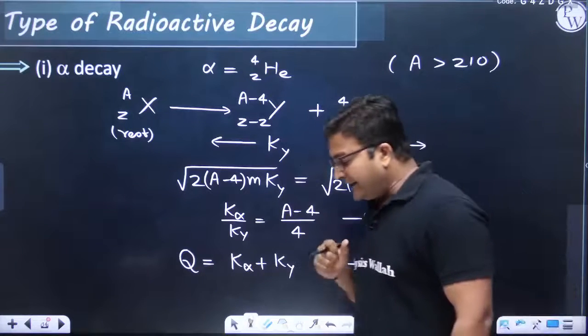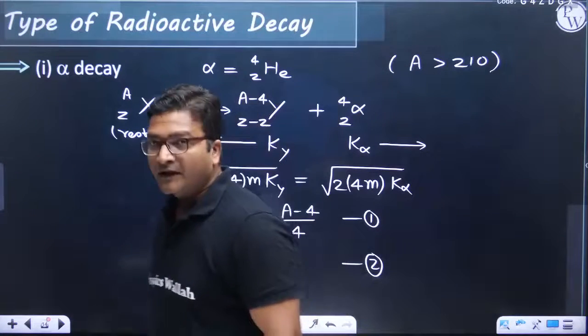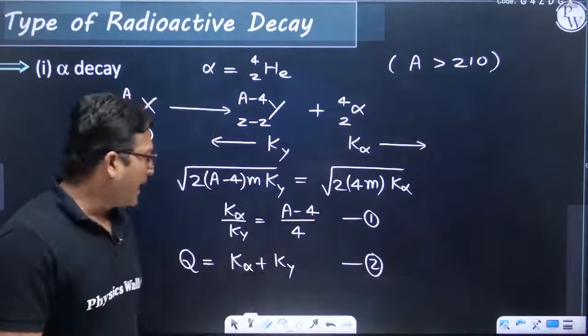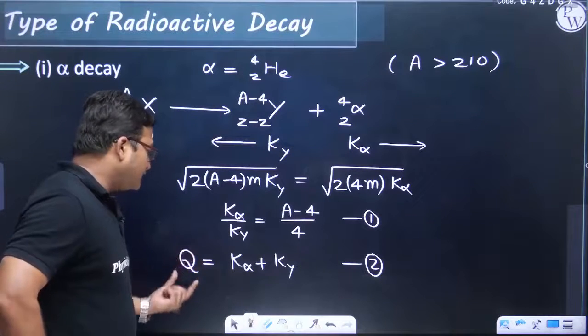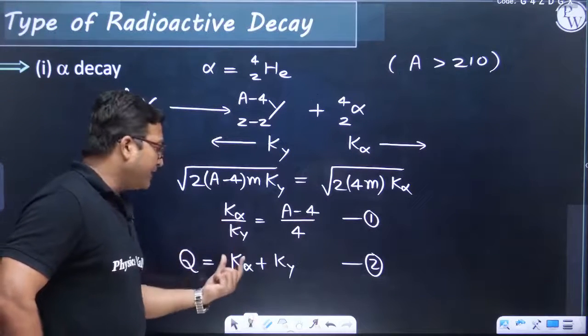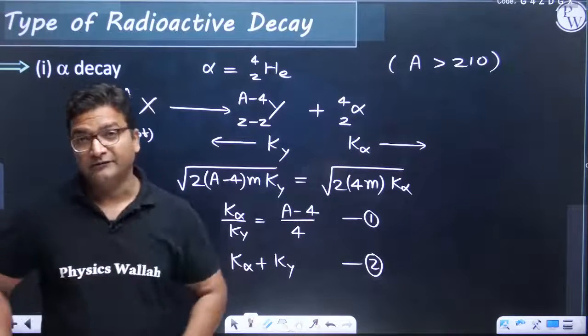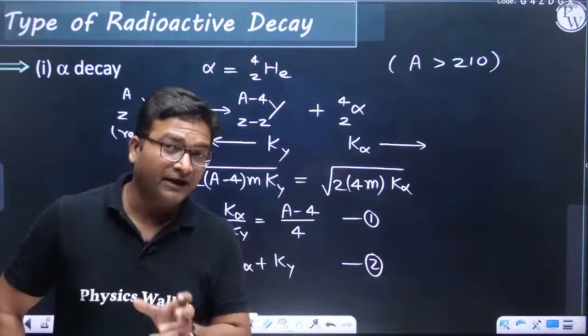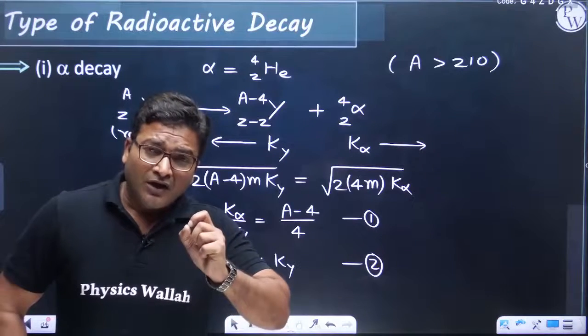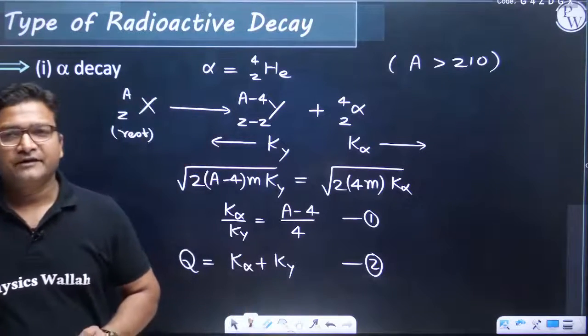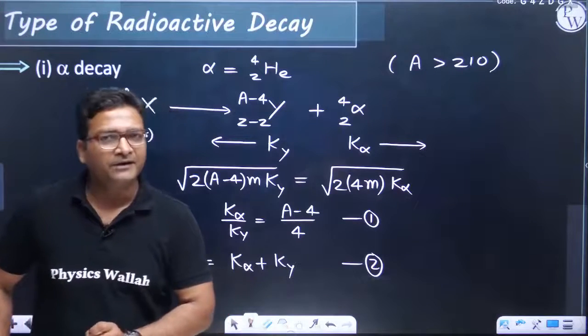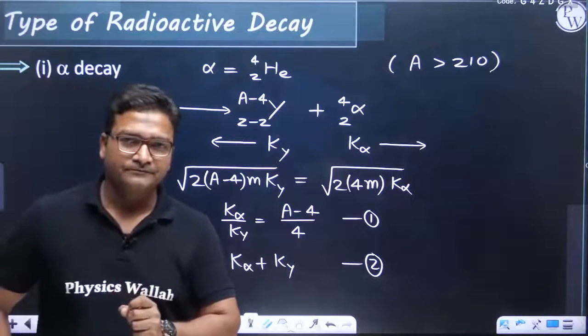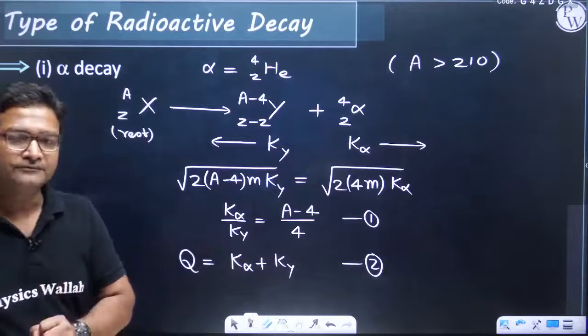And the next very important thing is, if you have a fixed value of Q, K alpha and Ky will have unique values, and in all reactions every alpha particle will be emitted with equal energy, and it can be verified also.